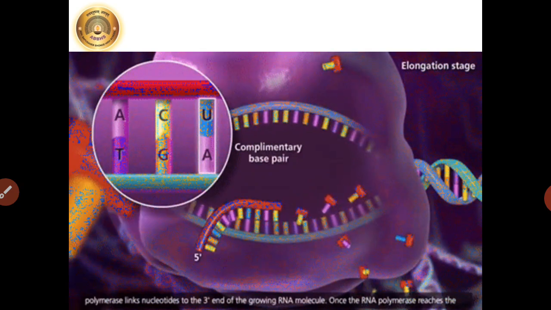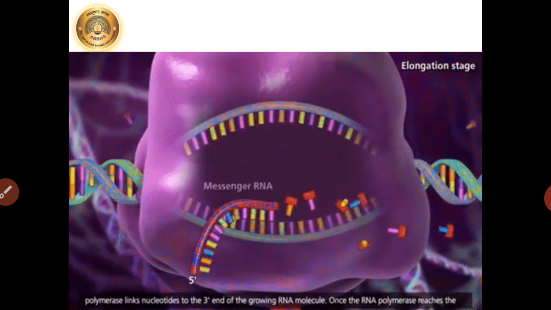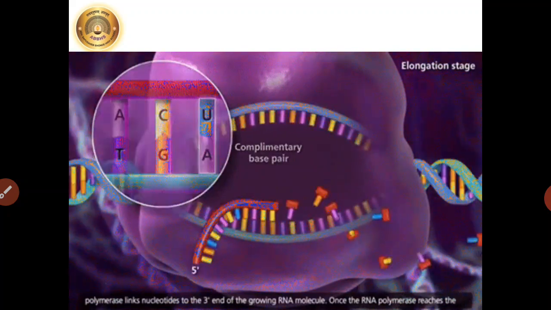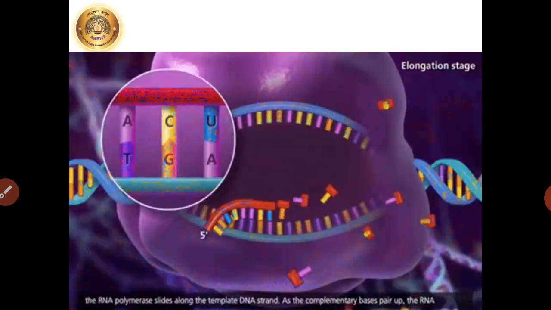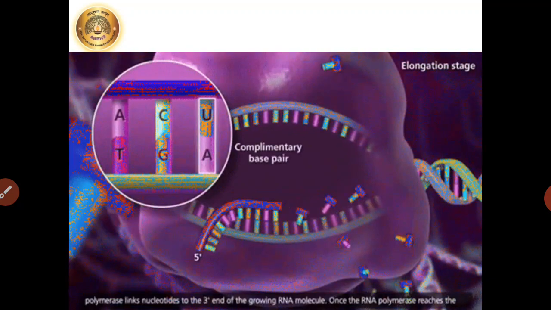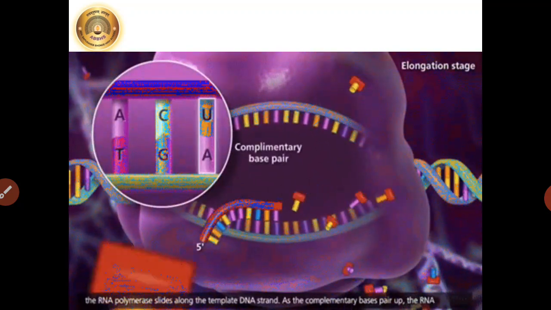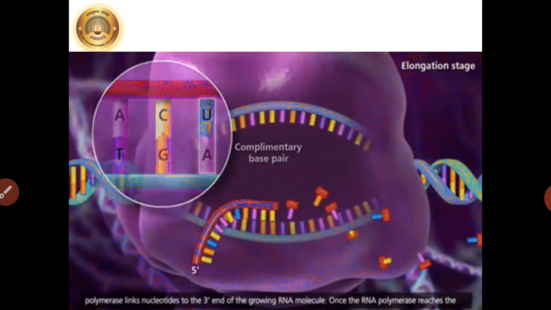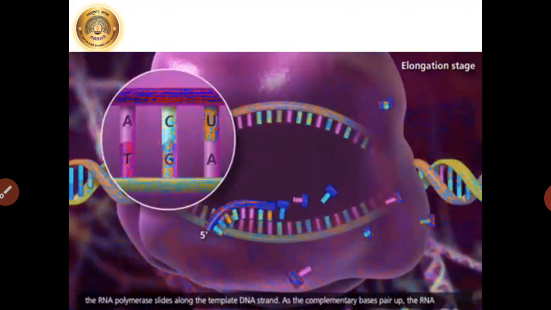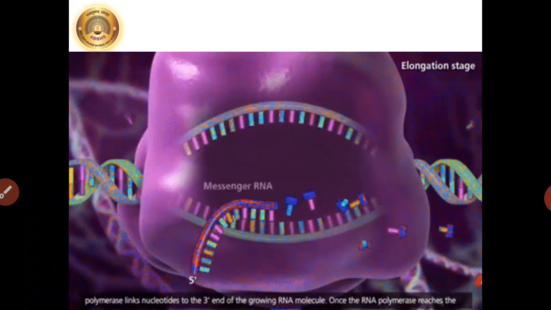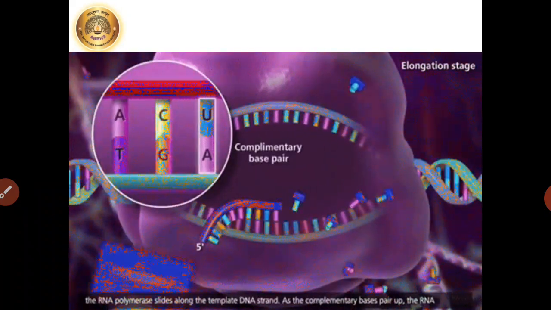Now just observe how the transcription process takes place and how the complementary mRNA gets formed by the DNA. So here the process of mRNA formation has been shown, which takes place inside the nucleus.